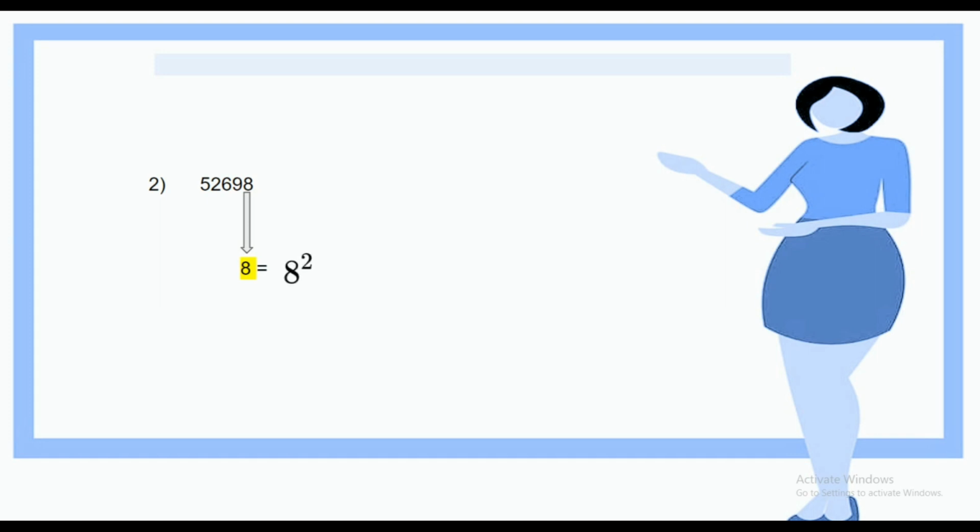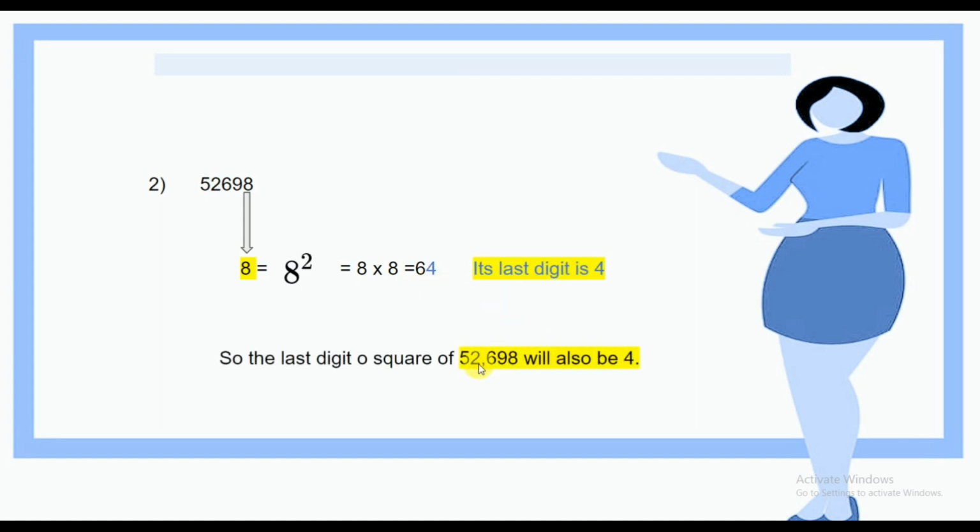Now squaring the number 8, we get 8 multiplied by 8 is equal to 64. Here the unit digit of 64 is 4. So the last digit of the square of 52,698 will also be 4.